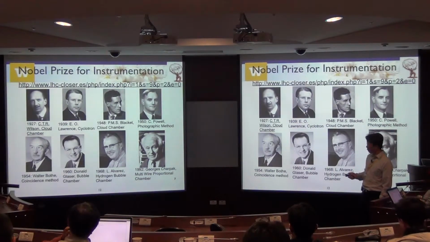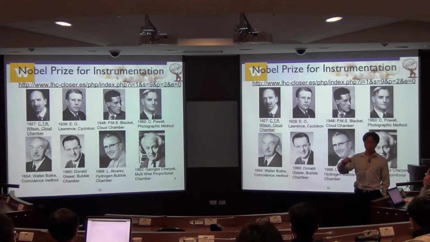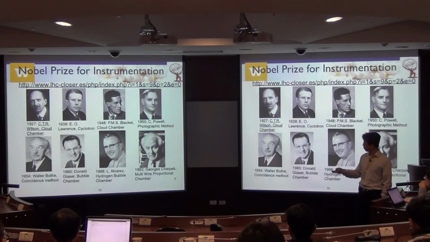And we now all benefit from their inventions. And one interesting thing is that if you look at ATLAS and CMS, and go through all the different detector components, you will find a couple of inventions by these people.